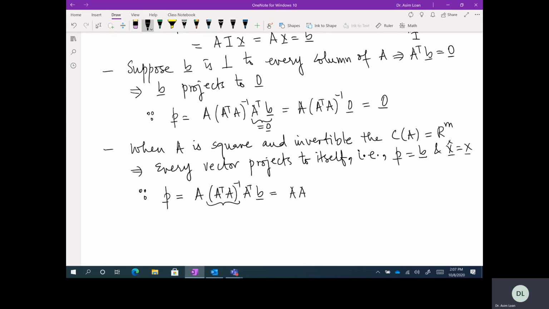So this is A into A inverse into A transpose inverse into A transpose into B. This is identity. So this is simply B, or P is equal to B. This is not possible when A is rectangular.